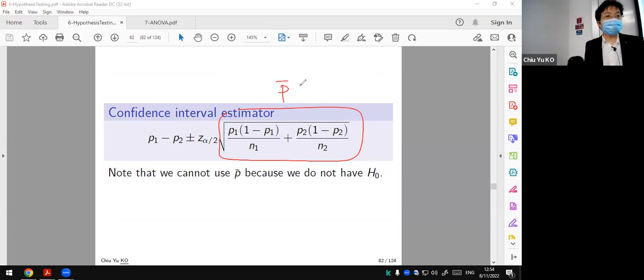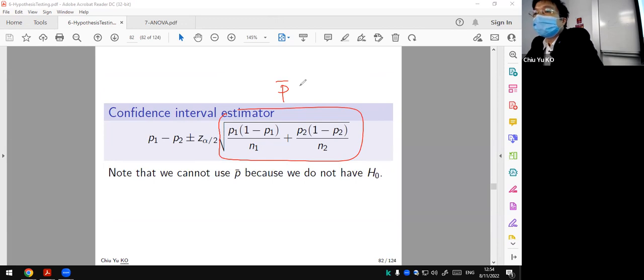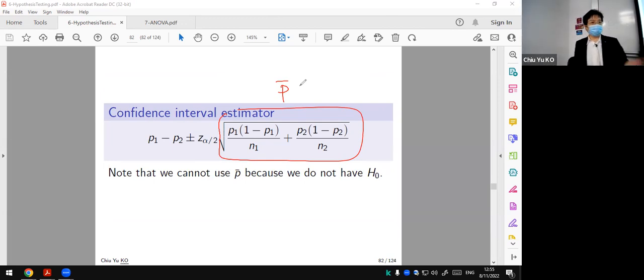Again, I repeat, you are estimating the confidence interval because you reject the idea that they're the same. Otherwise, if you don't reject, why are you estimating? The hypothesis testing shows they're the same, so there's no need to measure; the difference will be zero. So be careful of this particular part.